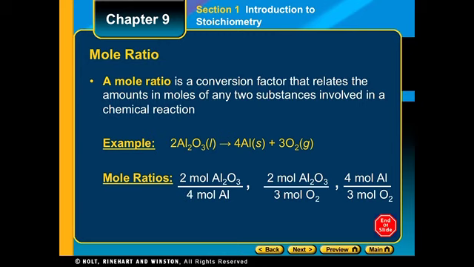The mole ratio between the aluminium oxide and the solid aluminium is 2/4. Aluminium oxide with that of oxygen is 2/3. The last one, aluminium and oxygen, is 4/3.